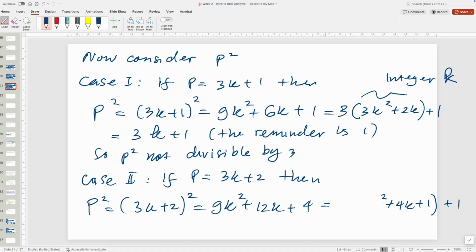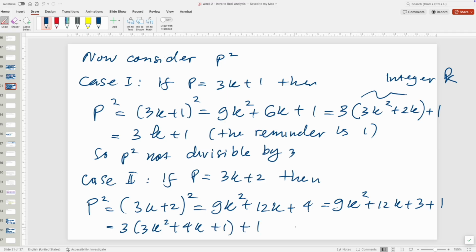Okay, I think I will make it one step. This one can be written as 9k square plus 12k plus 3 plus 1, right? So I can write this as 3k square plus 4k plus 1 plus 1.